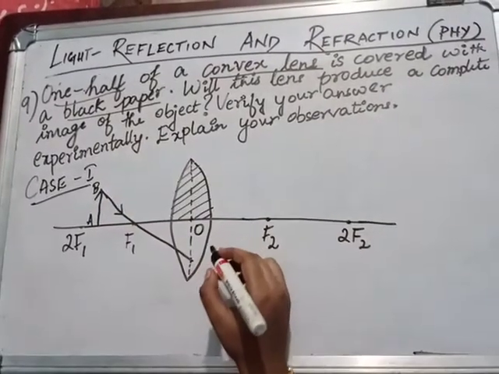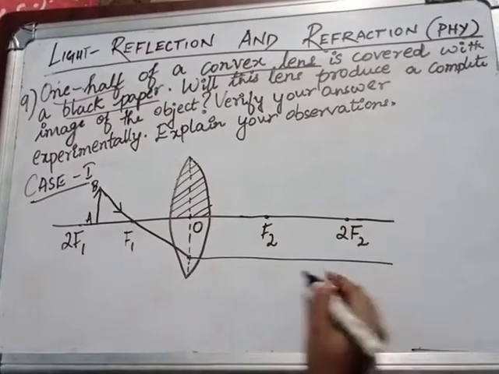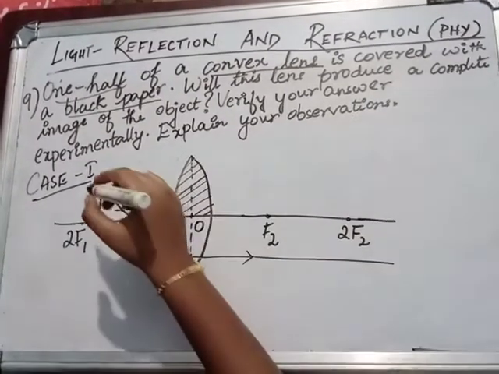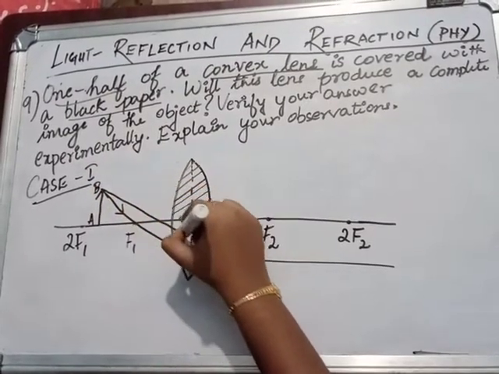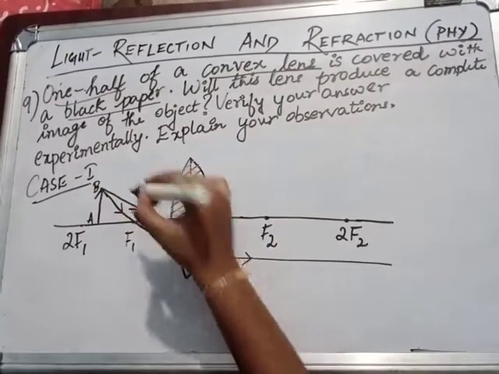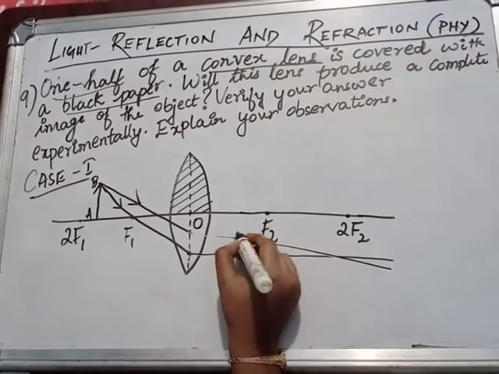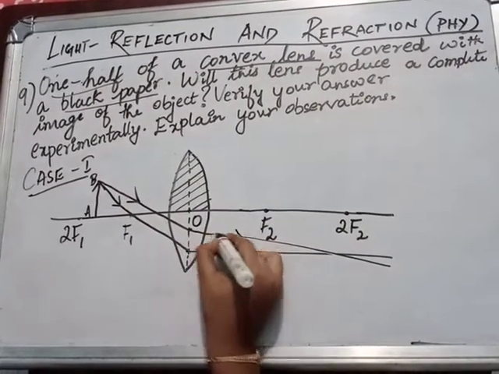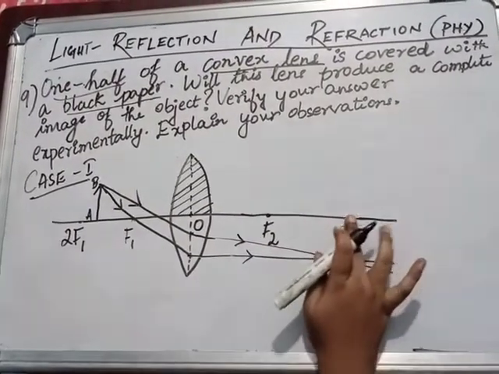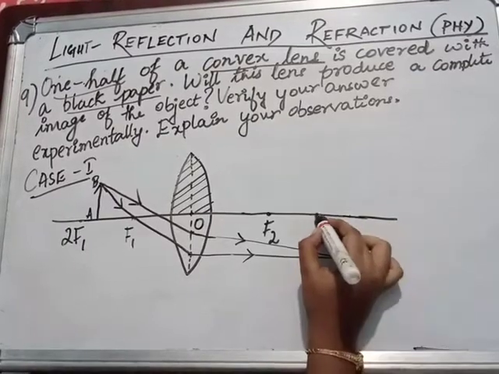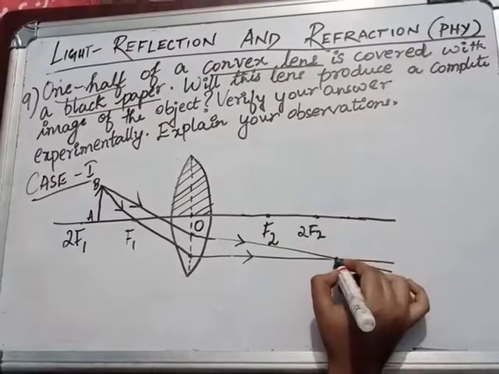Then after refraction, it will go somewhere like this. This is a refracted ray. I take another ray which goes like this, and after refraction, it will go somewhere like this. This is a refracted ray again. The two rays meet over here.